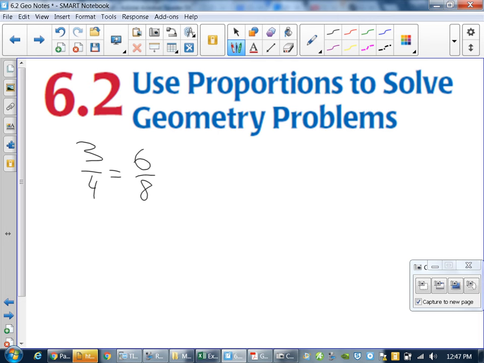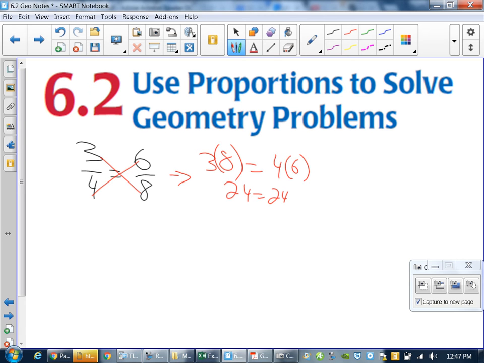If things are proportional, that means that you can multiply the diagonals and get a true result. So if I do that, I can say that 3 times 8 is the same thing as 4 times 6. That holds true.